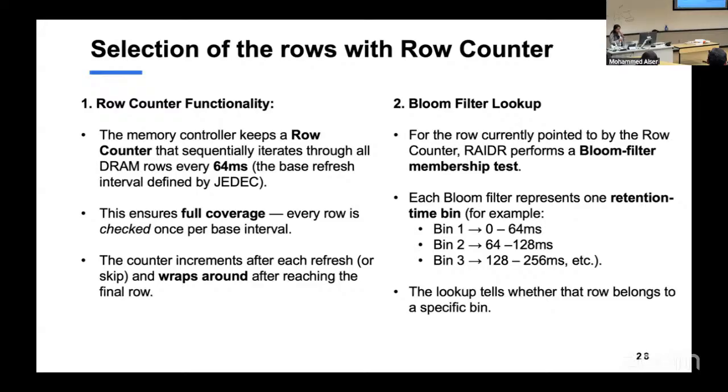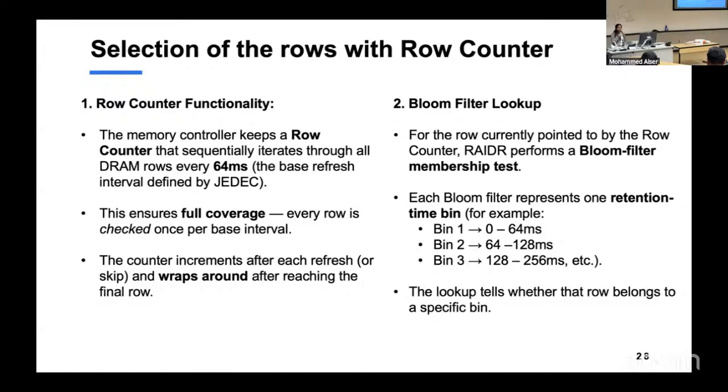As you can see here, for example, bin 1 will have 0 to 64 milliseconds, bin 2 has 64 to 128 milliseconds, and bin 3 will have 128 to 256 milliseconds, right?